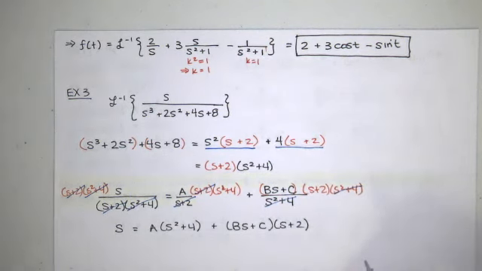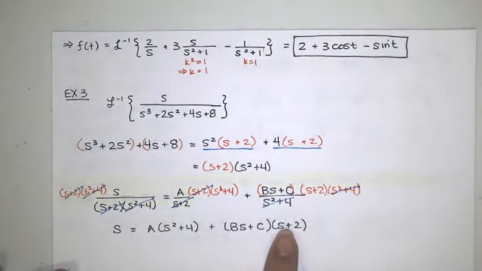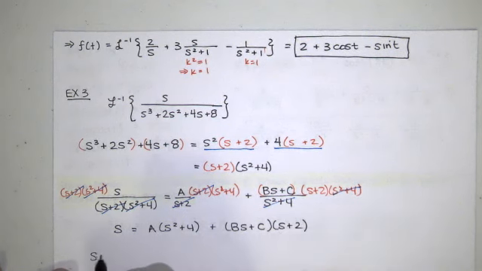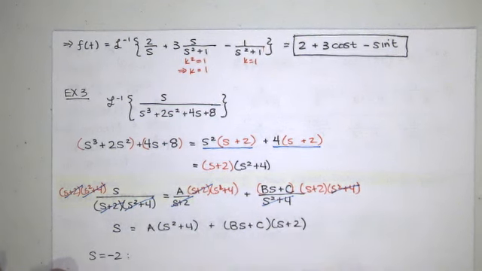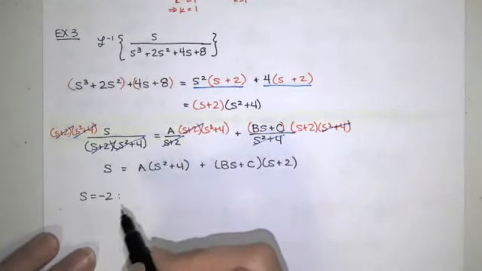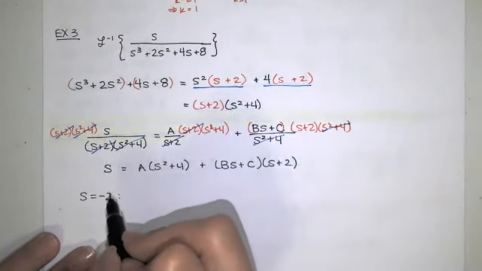Now we can find the value of A without coming up with that system of 3 equations and 3 unknowns, because we can set s plus 2 equal to 0 and solve for s. If s is equal to -2, this factor would be 0, and that will allow us to solve for A. So I'll let s equal -2, and I'll substitute into this equation.